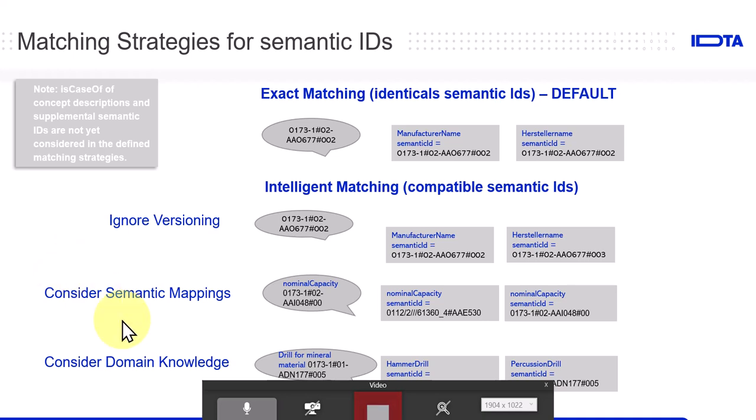Then another way of matching is to consider semantic mappings. In this example, we do have two different dictionaries. The right side is the dictionary E-class, and on the left side, we do have the dictionary IEC CDD. They have different numbers, but they have the same semantics.